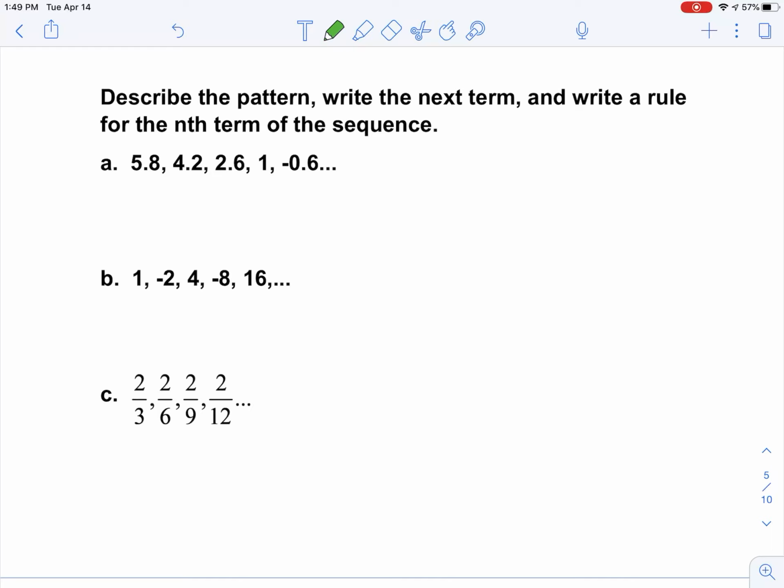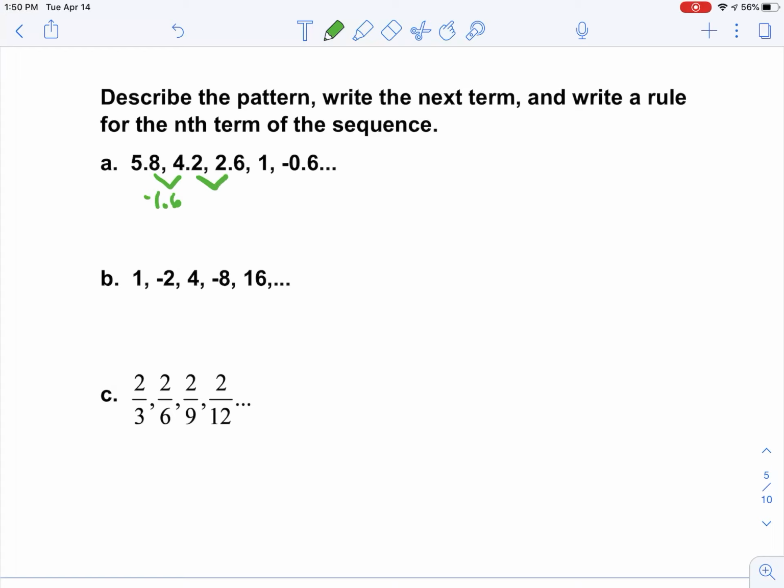All right, so for the next one, we have describe the pattern, write the next term, and write a rule for the nth term of the pattern. So I always start out with, let's see how to get from here to here. I always start with adding or subtracting. So if I take 4.2 minus 5.8, I get negative 1.6.